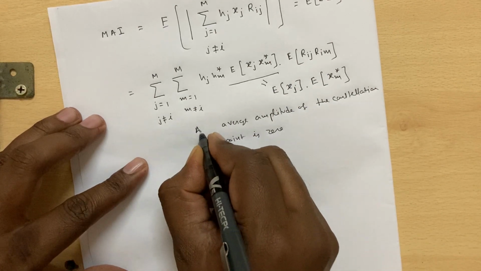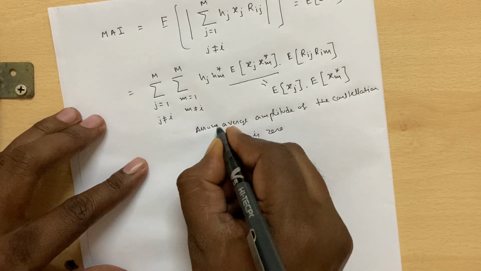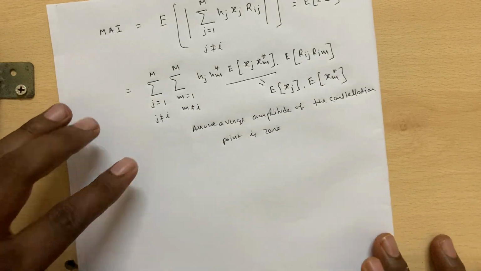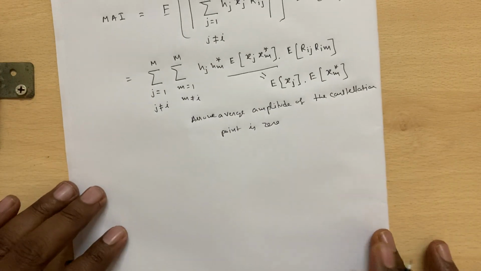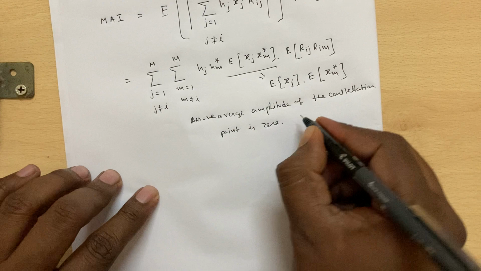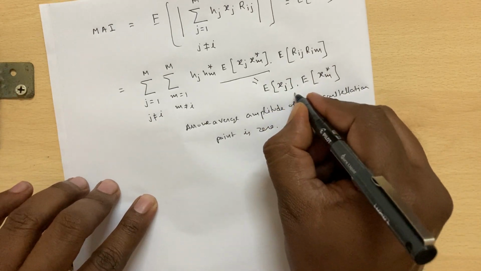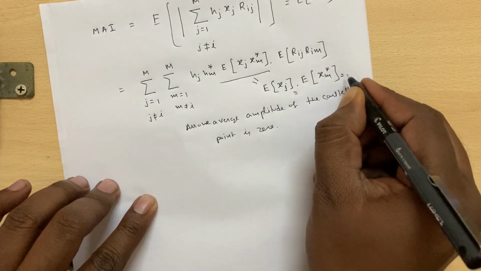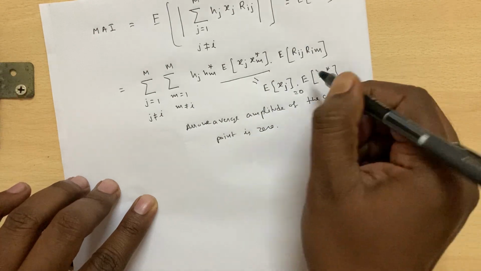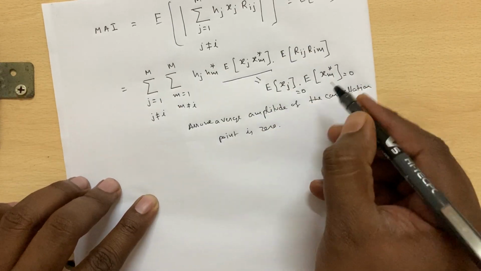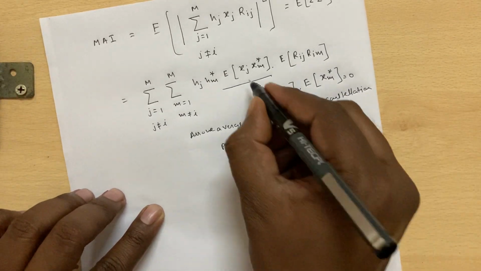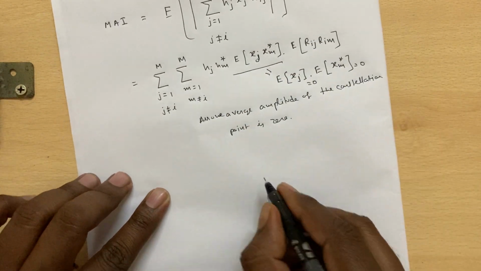So the expectation of xj as well as the expectation of xm conjugate will be 0. Thereby this total value will become 0 when j not equal to m.